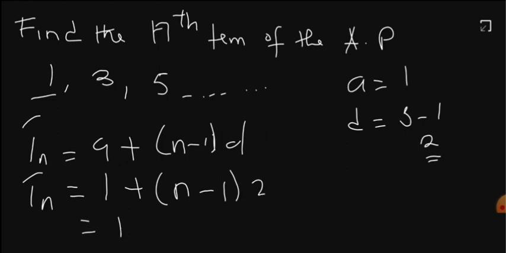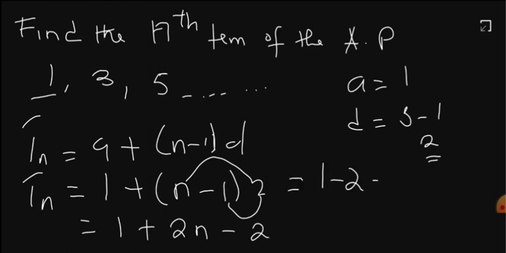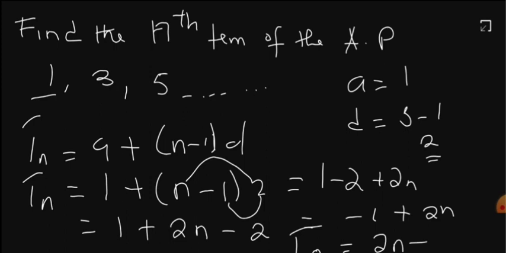So from there, we're going to have 1 plus 2 times n, which gives 2n, and 2 times negative 1, that is minus 2. This will give us 1 minus 2 plus 2n to give us negative 1 plus 2n. Hence, our nth term is equal to 2n minus 1.